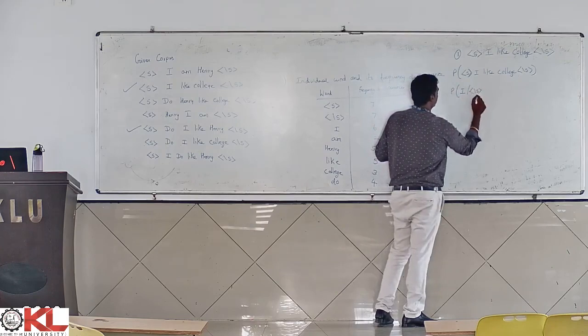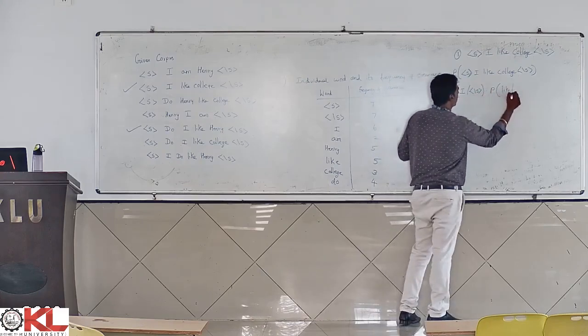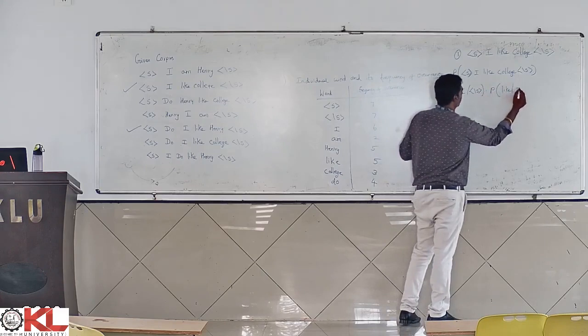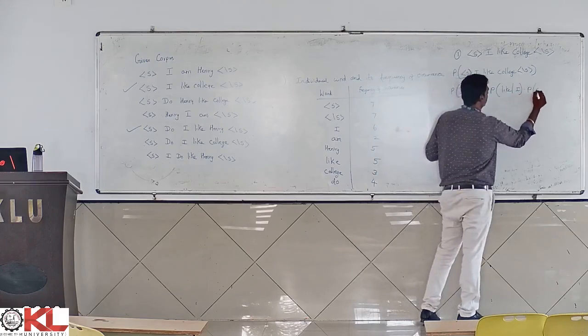Then next, given the previous word is I, I am going to find like. Given the previous word is like, I am going to find college.